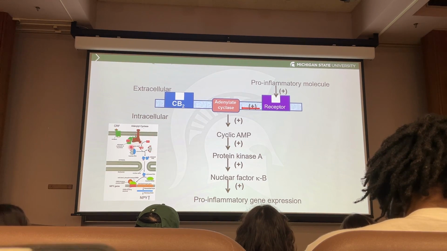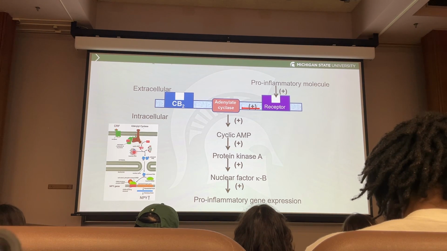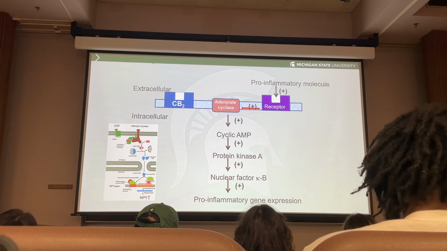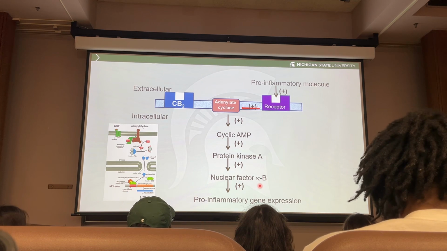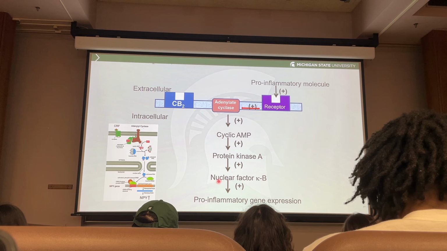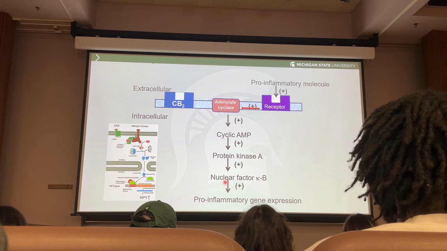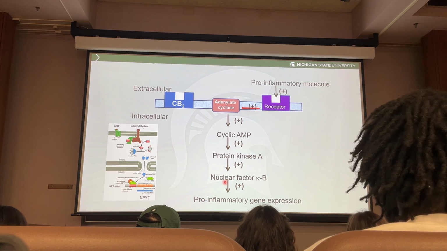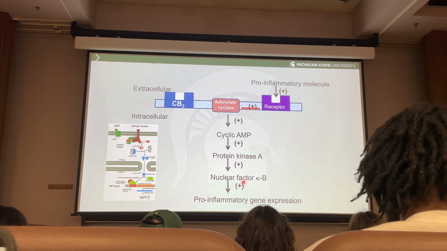Here you have activation of this receptor, then production of cyclic AMP, and then activation of PKA. What we talked about before was inactive CREB becoming activated. Same thing here. Nuclear factor kappa B, or NF kappa B, is the equivalent of CREB here. It is a transcriptional element that sits on a promoter sequence of a gene. Once PKA activates NF kappa B, it turns on pro-inflammatory gene expression.